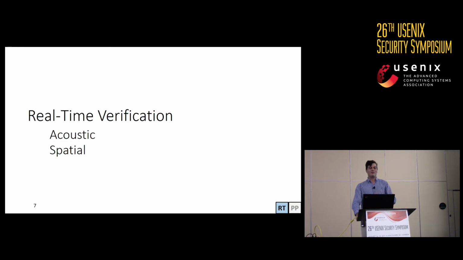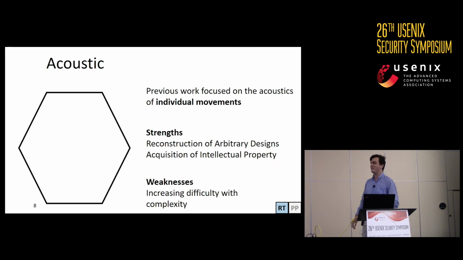So first of all, we've got our real-time verification, and let's jump into the acoustic layer. There's been some interesting previous work with acoustics in 3D printing, and mostly what those focus on is the acquisition of intellectual property. So training off of the acoustic waveforms of the specific motions of the printer allows you to reconstruct some arbitrary outline that the printer might produce.